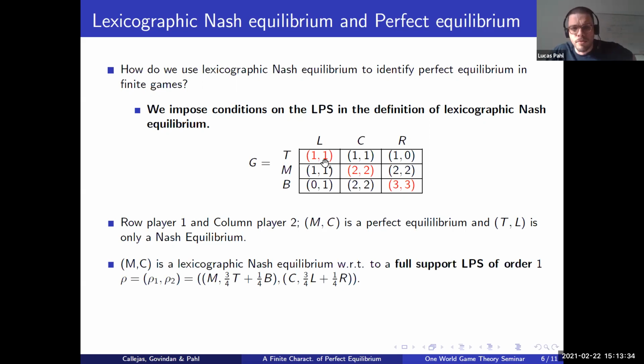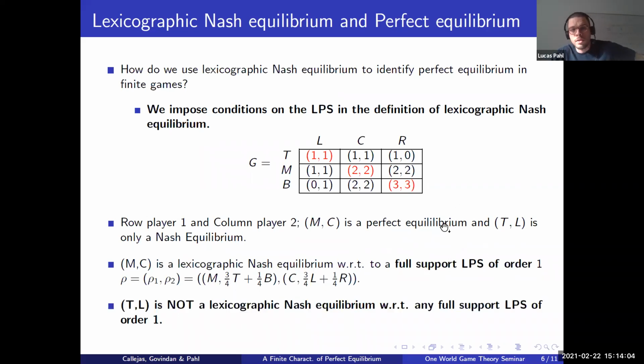MC is a lexicographic Nash equilibrium with respect to a full support LPS of order 1, right? So these are, let's say, the assumptions that we make in the LPS to obtain our identification of perfect equilibrium, right? And you can see that it is indeed full support. All strategies here appear with positive probability, and it's not hard to check that M is a lexicographic best reply against this LPS, and C is a lexicographic best reply against player 1's LPS, right?